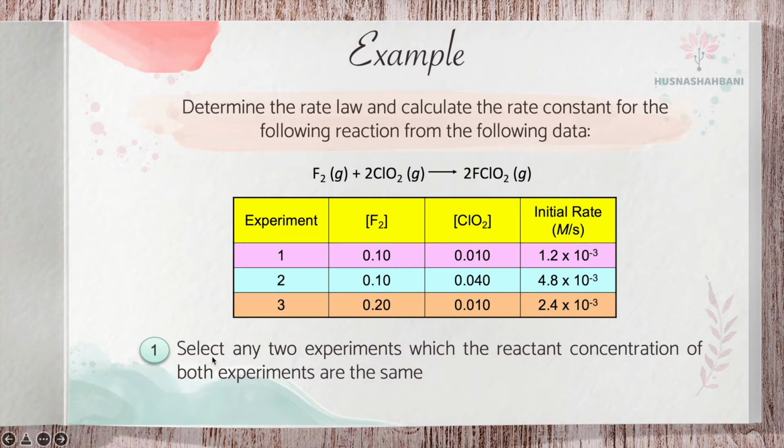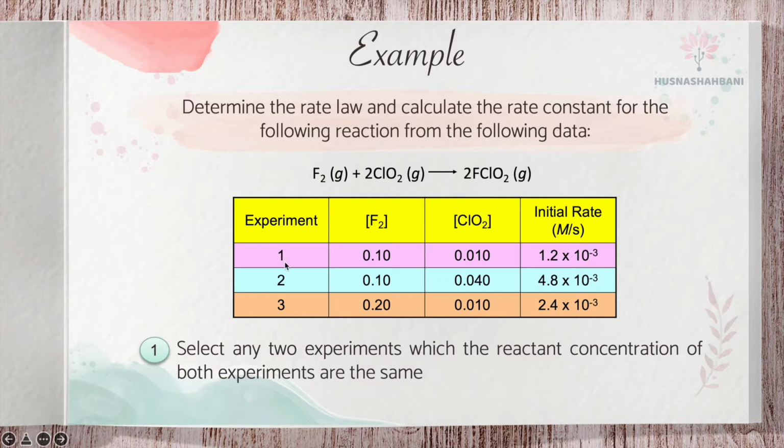First, in order to find the order of reaction using initial rate method, we select any two experiments which the reactant concentration of both experiments are the same. For example, here we have experiment 1 and experiment 2, which reactant F2, both values are the same.